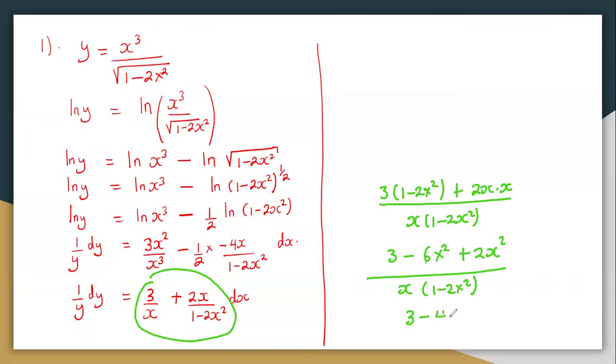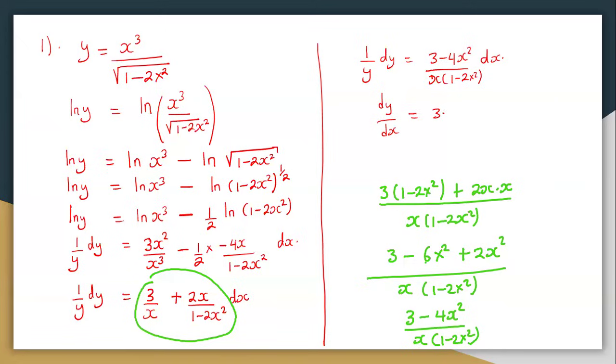So you end up with 3 minus 4x squared over x into 1 minus 2x squared. So I'll come here and say now, this is 1 over y dy is equal to 3 minus 4x squared divided by x into 1 minus 2x squared. Then everything is still multiplied by the x. So when we remove this y, we remain with dy dx equal to 3 minus 4x squared over x into 1 minus 2x squared.